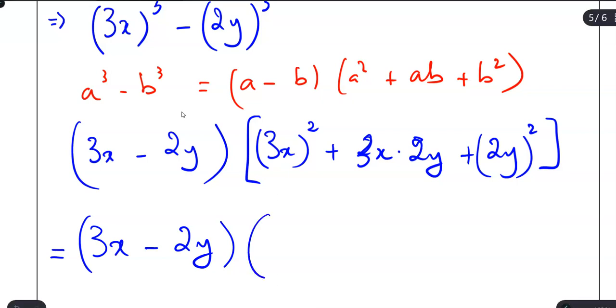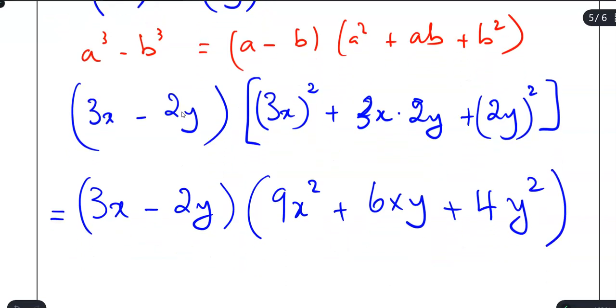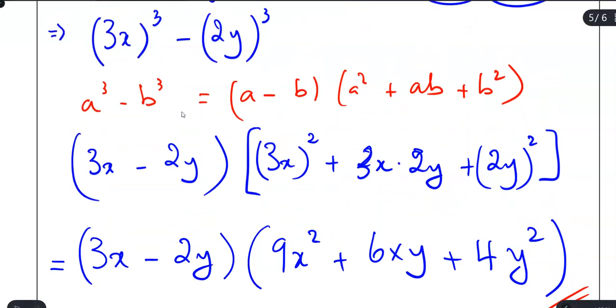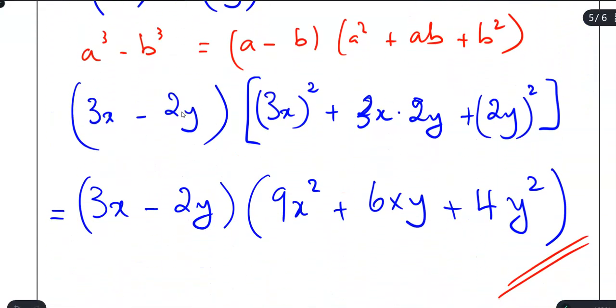So in here, I should have 9x squared plus 6xy plus 4y squared. Alright, so this is the final answer for the difference of cubes 27x cubed minus 8y cubed.